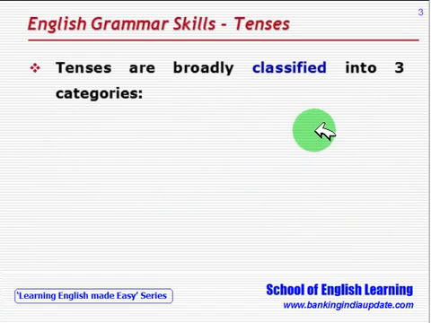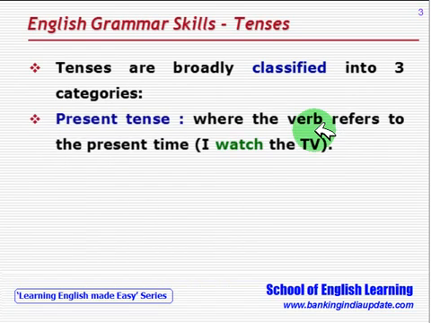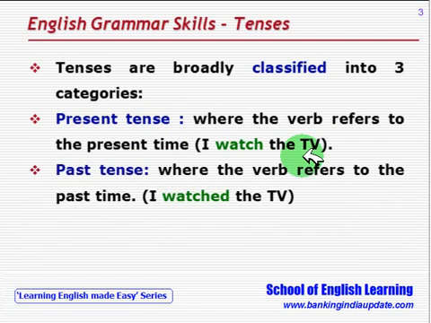Tenses are broadly classified into three categories. First category is present tense. Here, the verb refers to the present time. For example, I watch the TV. Past tense.